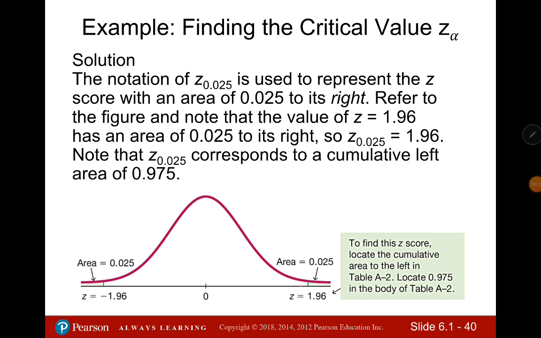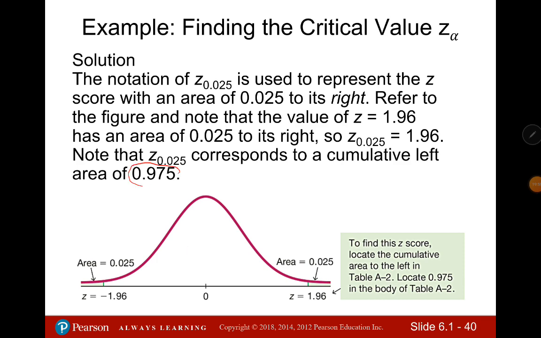So here, it just tells you how we can get the critical value. Basically, this alpha 0.025 means the area on the right tail is 0.025. So first step, we should find the area to the left. Use total area minus 0.025. So that is 1 minus 0.025. We get 0.975.